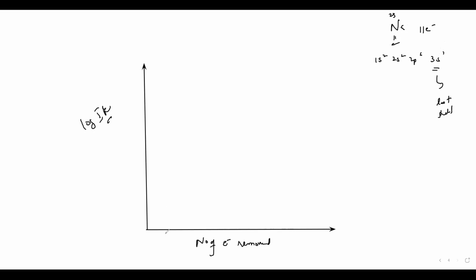So the number of electrons removed: 1, 2, 3, 4, 5, 6, 7, 8, 9, 10, and 11, because we have to remove 11 electrons.